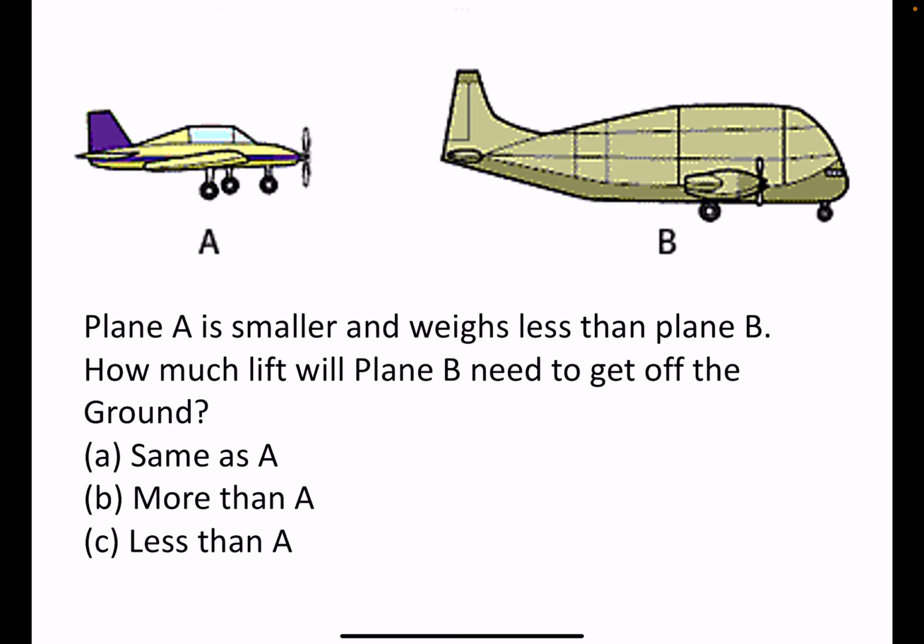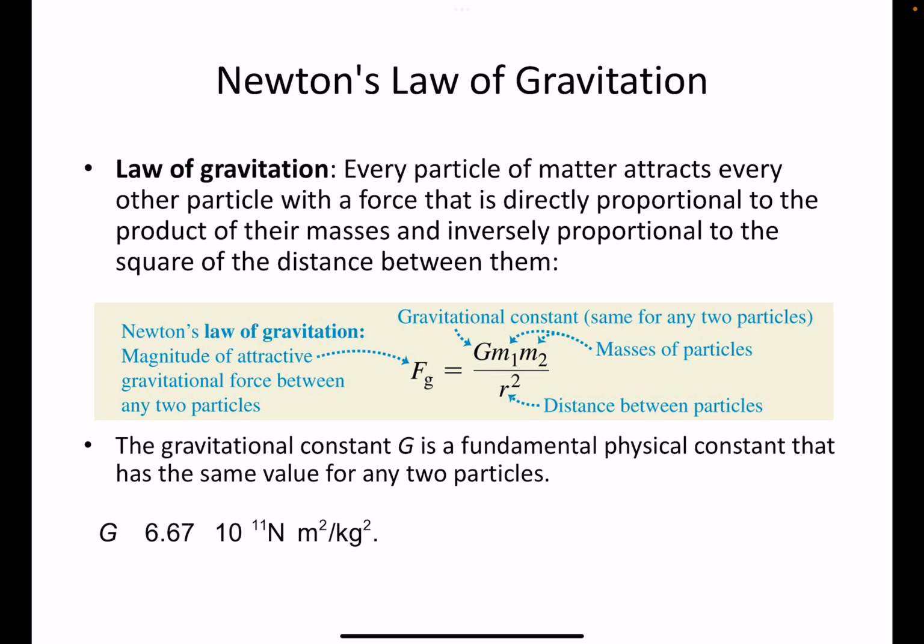The answer is B, more than A. That's right, a heavier plane requires more lift to overcome its weight. The weight of an airplane is a primary factor in determining how much lift is needed for it to fly.